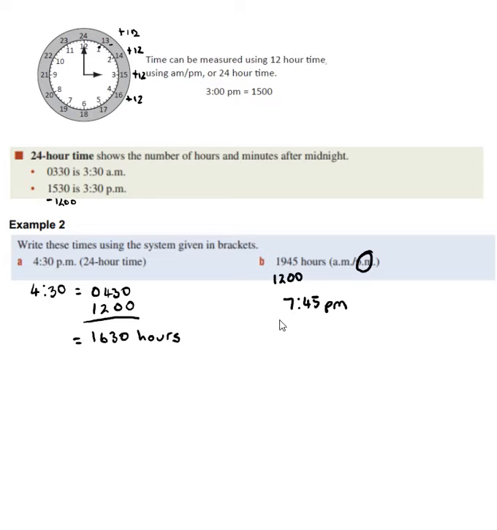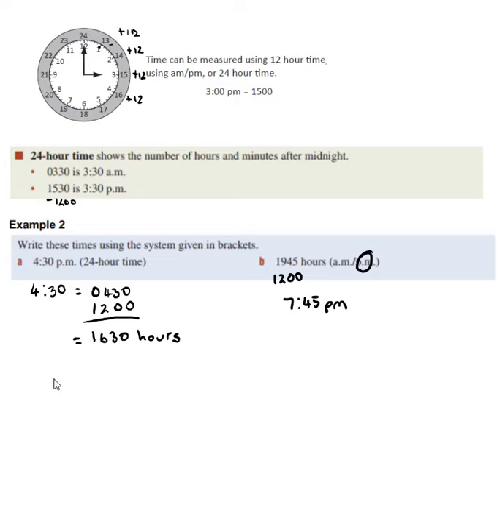Now, one more thing I was going to mention about the 0 here. When we quote in 24-hour time something in the AM and it's a single digit, we put a 0 in front of the number. Okay, so what you need to remember is anything in 24-hour time is written with 4 numbers.